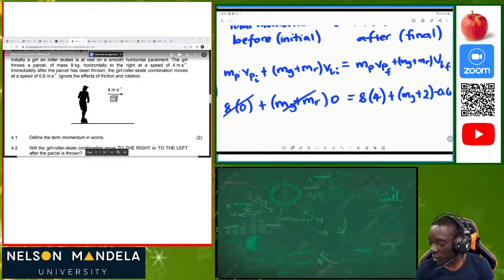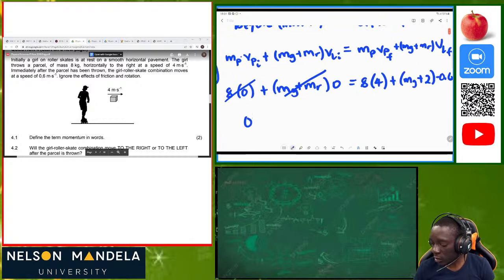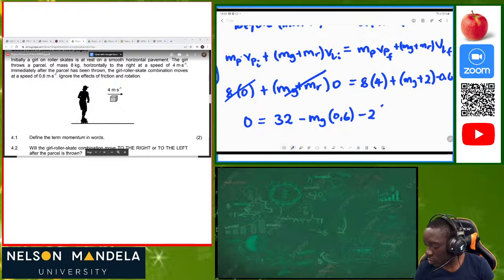So everything multiplied by 0 is 0, equals 32 minus mass of girl times 0.6 and minus 2 times 0.6.